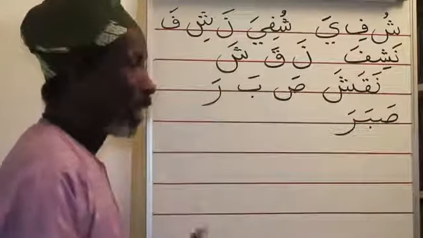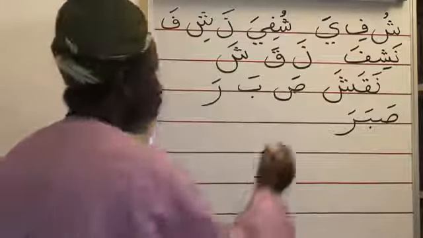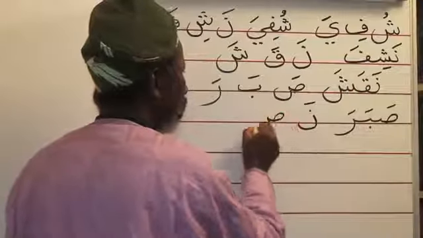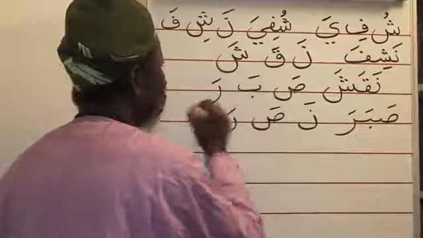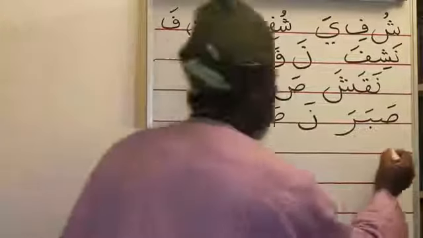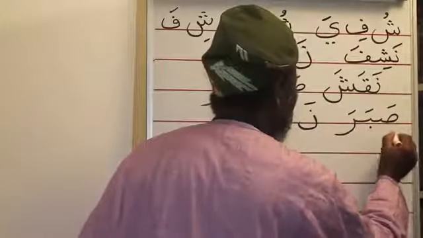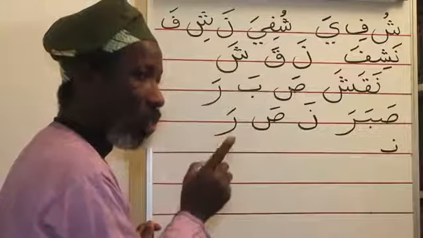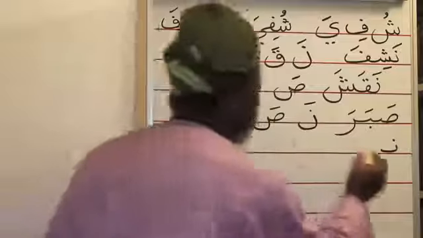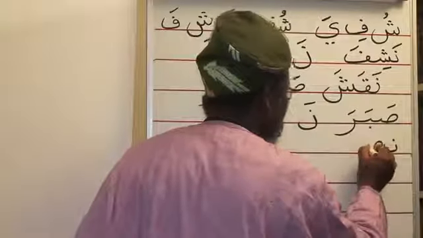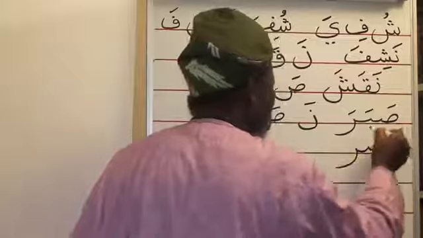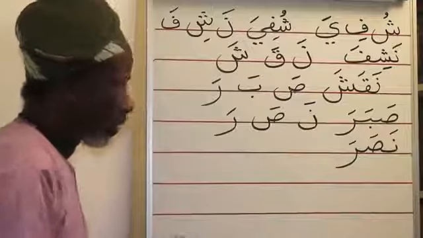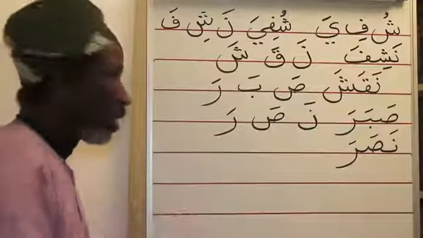Sod in the middle, nasara. Na, sa, ra. Nasara. Joint form. Remember that you need to reposition your hand when writing sod in the joint form in the middle. So say na sa ra, nasara. Sod at the end, naqasa.